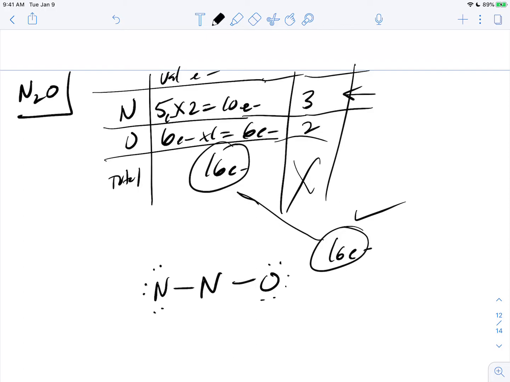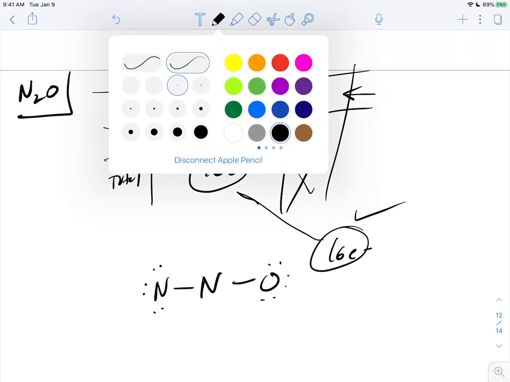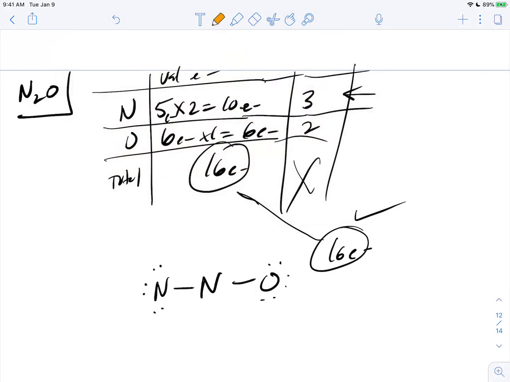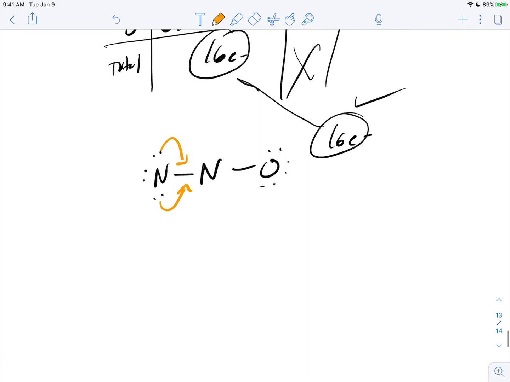So I can't add any more electrons to my structure, but we can see that the nitrogen needs 2 more sets of electrons, 2 more bonds to get a total of 8. Right now it only has 4 valence electrons. And so there are actually 3 ways to do this. The first way is to give both sets of lone pairs from the nitrogen. If we do that, we would get this structure: triple bond, nitrogen, single bond, oxygen.